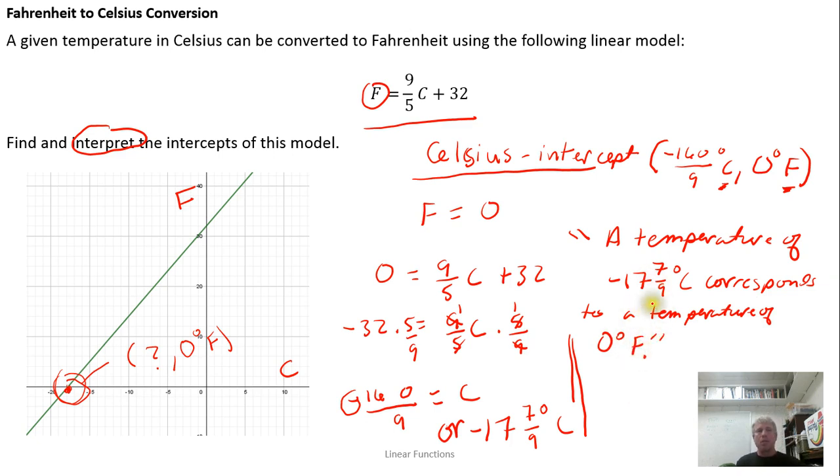And again, when we think about this, there's nothing nonsensical about this. Negative 17 degrees Celsius isn't an uncommon temperature. We looked at what the coldest possible temperature was in Celsius, and that corresponded to negative 200 and some odd degrees. So nothing about negative 17 degrees Celsius should bother us.